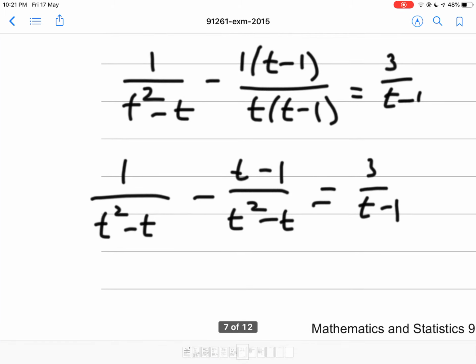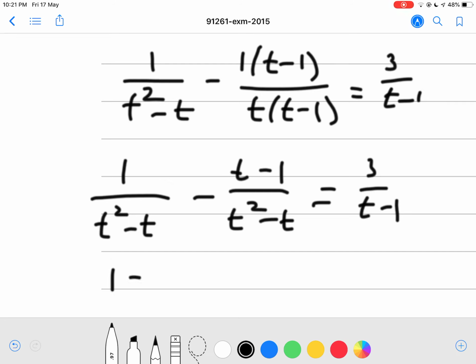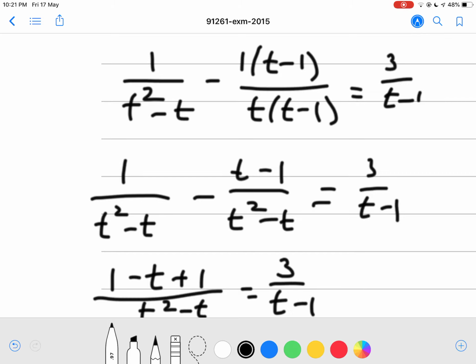Okay, so 1 minus t minus 1, so that'll be 1 minus t. And remember, a double negative, so a negative here and a negative here, that makes a positive, okay? So that'll be plus 1. So t plus 1 divided by t squared minus t equals 3t minus 1.